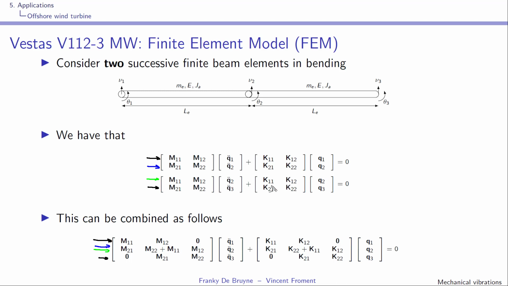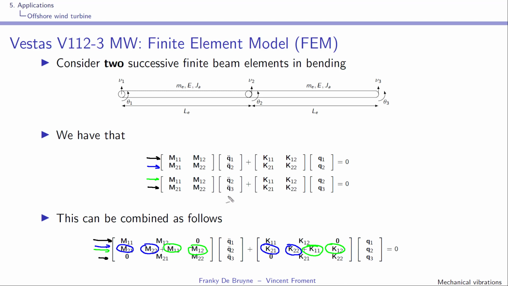So, for instance, if we take M21 Q1 double dot, M22 Q2 double dot, this is what you see over here. And these ones, you see them appearing over here and over here. Whereas the second line, you see it appearing over here, M12 Q3 double dot, etc. And then for the rest, you see them appearing over here and over here.